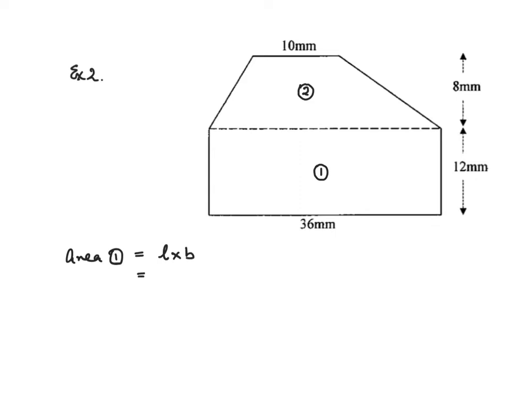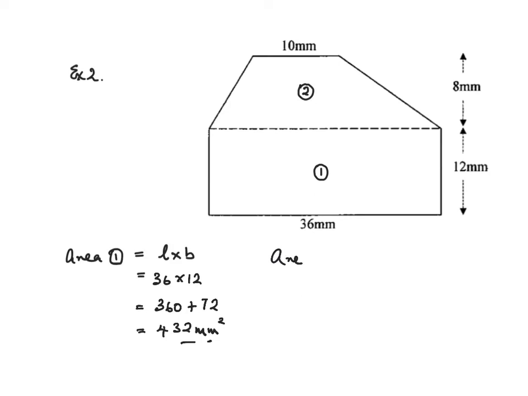That should be simple enough. It's going to be 36 multiplied by 12. Now, without a calculator, 10 times 36 is 360. 2 times 36 is 72. And that gives us 432 millimeters squared.